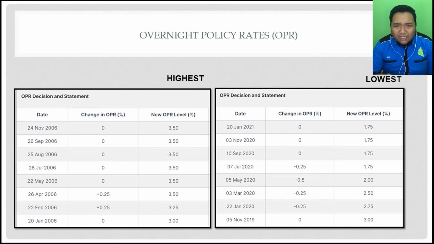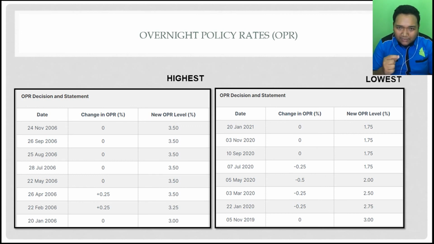Ultimately, the goal of revising OPR is to bring the economy to an optimum level. When the economy is growing at a slow rate, the OPR will be revised downward to decrease the interest rate.